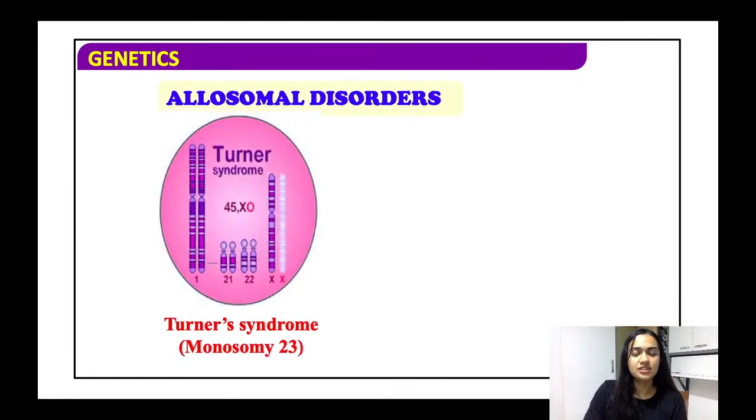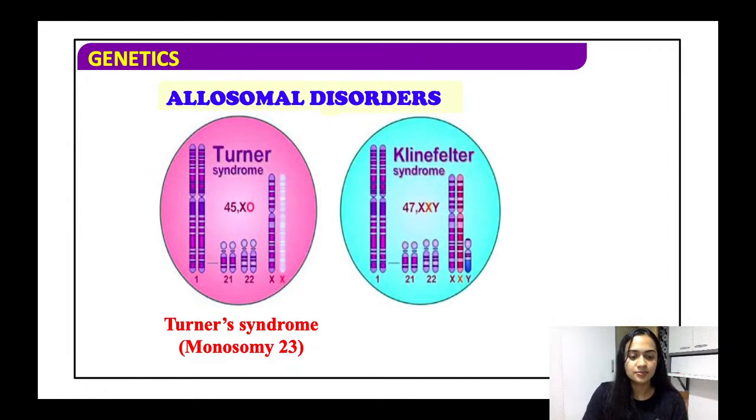एलोसोमल डिसऑर्डर्स यानी कि जो 23rd क्रोमोसोम में पाया जाए, टर्नर्स सिंड्रोम, it is because of the monosomy of the chromosome 23.